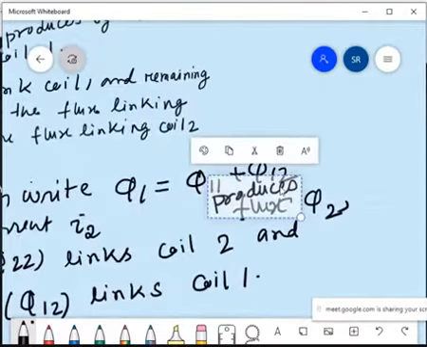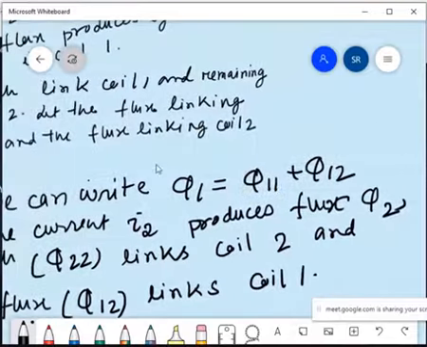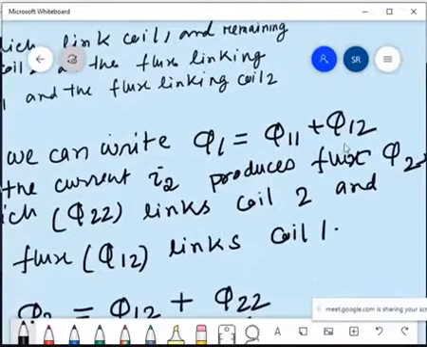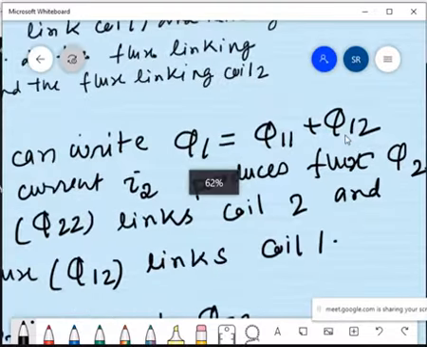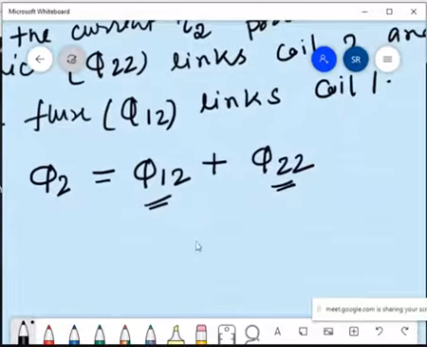And phi 2 will be equal to phi 2 1 plus phi 2 2, or phi 1 2 plus phi 2 2. Yes, we can write this way also. Initially, we have written phi 1 as phi 1 1 plus phi 1 2. That is, this flux is produced by current I1 and it's linking coil 2. Right? Now, this flux is produced by current I2.